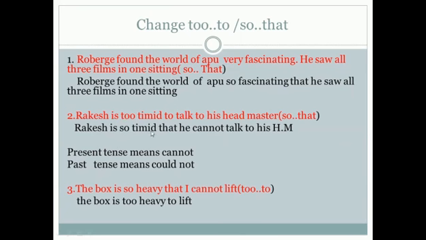So Rakesh was so timid that he cannot talk to his headmaster. Present tense means cannot and past tense means could not. So this was present tense, so we have used cannot. If the tense was past tense, we should use could not. The box is so heavy that I cannot lift. The box is too heavy to lift.